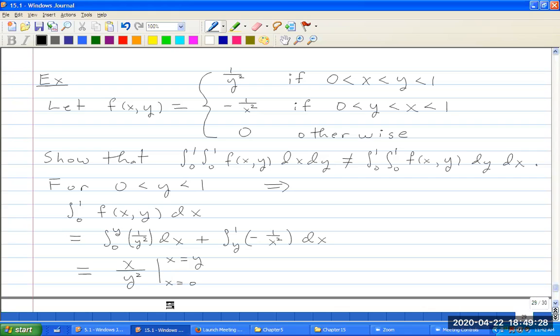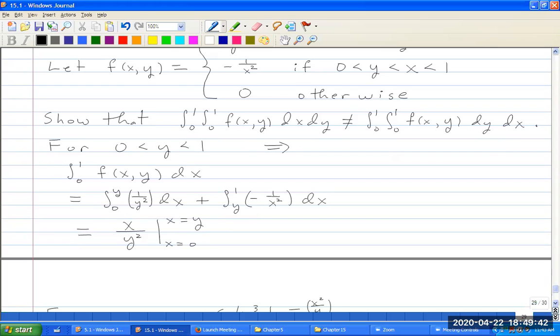Otherwise, it is a common mistake to plug in the wrong thing. So notice I'm integrating with respect to x, so I write x equals these limits. That'll prevent many unfortunate errors.